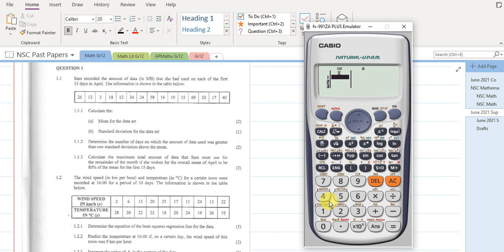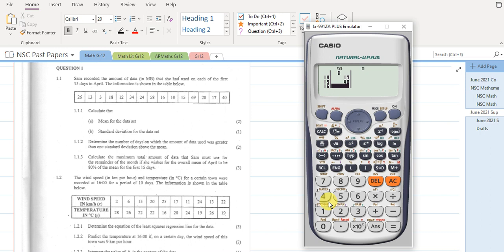Right, so we have 26, 13, 3, 18, 12, 34, 24, 58, 16, 10, 15, 69, 20, 17, and 40.